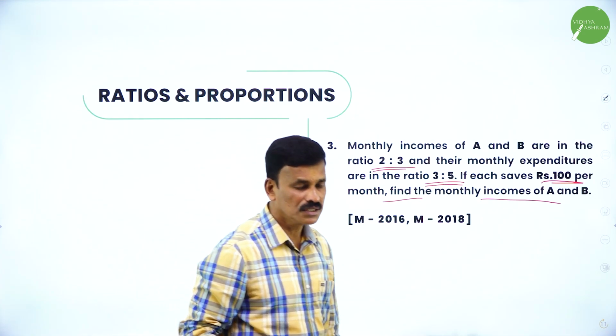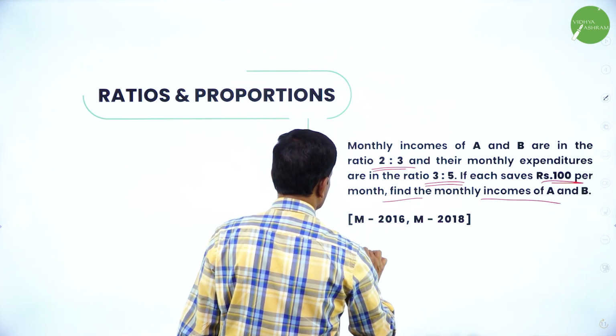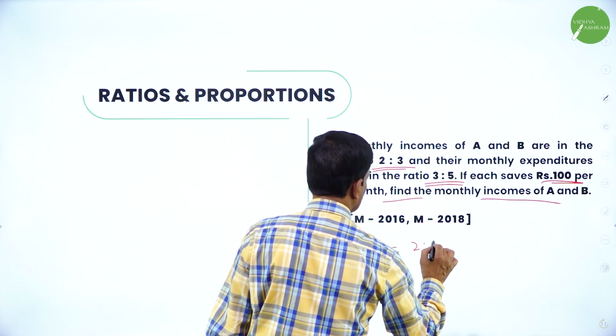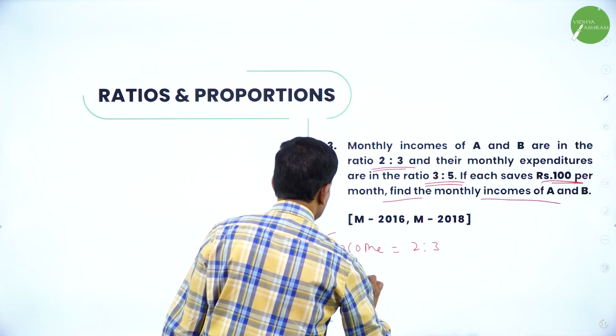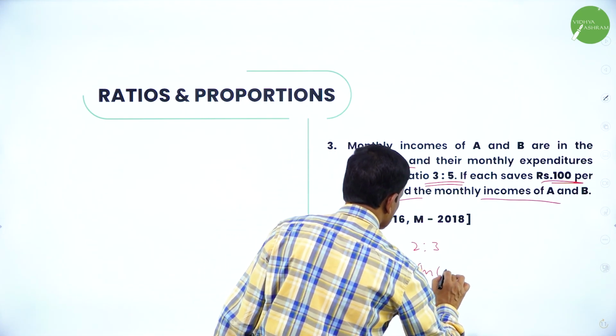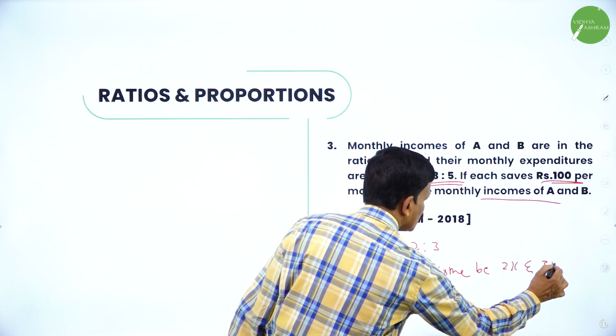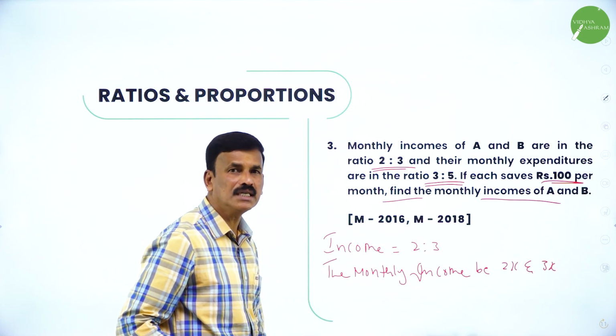Now what is the income given? 2:3. Therefore let the monthly income be 2x and 3x.